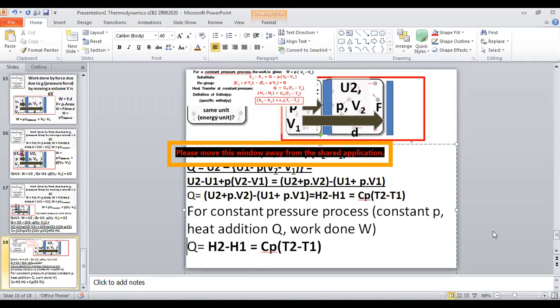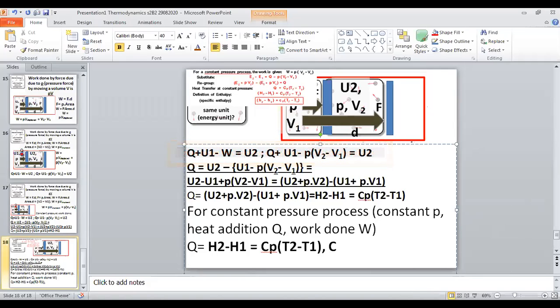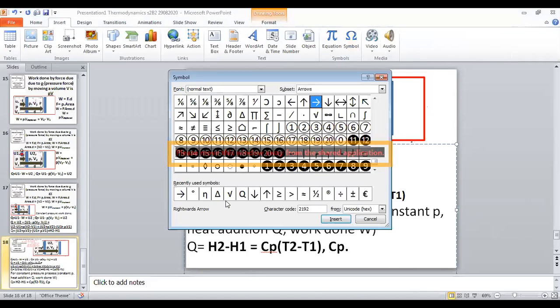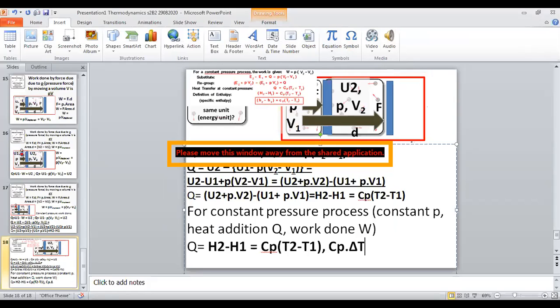But the addition of heat is equal to Cp times (T2 minus T1), or we call this Cp delta T. Delta means difference. Okay, Cp (T2 minus T1).